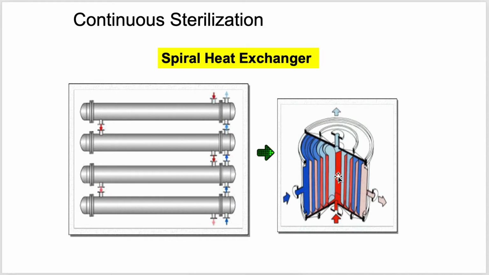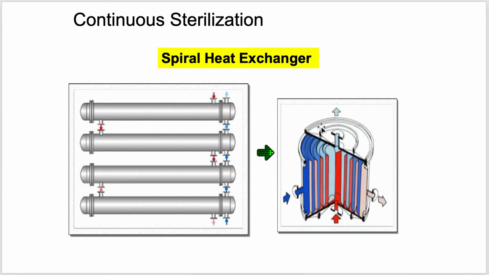If you look at this photo, you are injecting steam in this direction, and the unsterile media in this direction. So the unsterile media will enter here and follow a spiral path, and finally they will be removed this way.